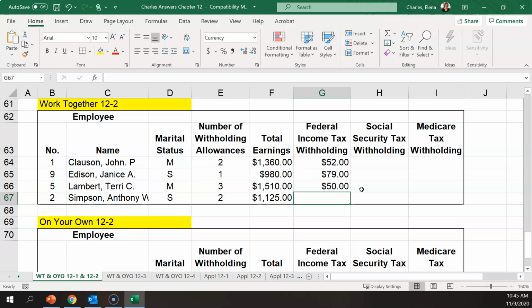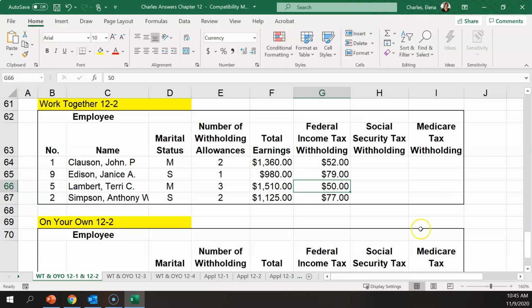So slide over to the 2 allowance column, and you'll see that she has $77. Is that the right amount for Terry Lambert? I've got to make sure I didn't mess Lambert up. Terry, 1,510. Yeah, that is right.